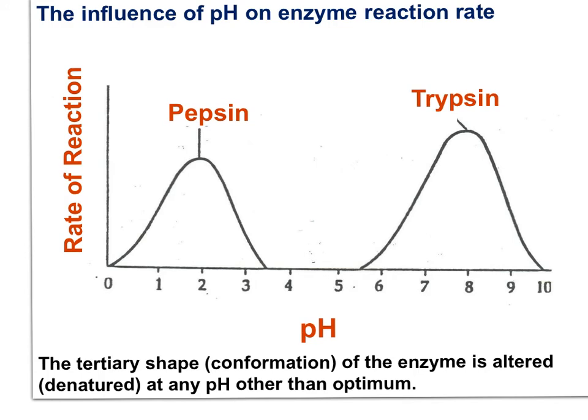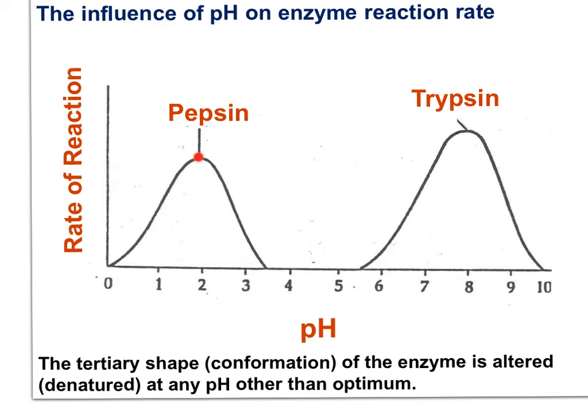pH influences enzyme activity. Here are reaction rate curves for two enzymes, pepsin and trypsin, that function optimally at two very different pH levels. Pepsin has its maximum reaction rate at pH 2, while trypsin has its maximum reaction rate at pH 8.